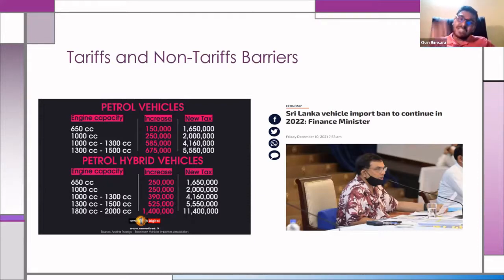The government has interfered with or blocked the trade between Sri Lanka and any other country in terms of importing motor vehicles without using a tax. They have said, look here, the government decision is this: legally, you can't import any vehicle from any country. So this is how we can see the difference between tariff and non-tariff barriers.